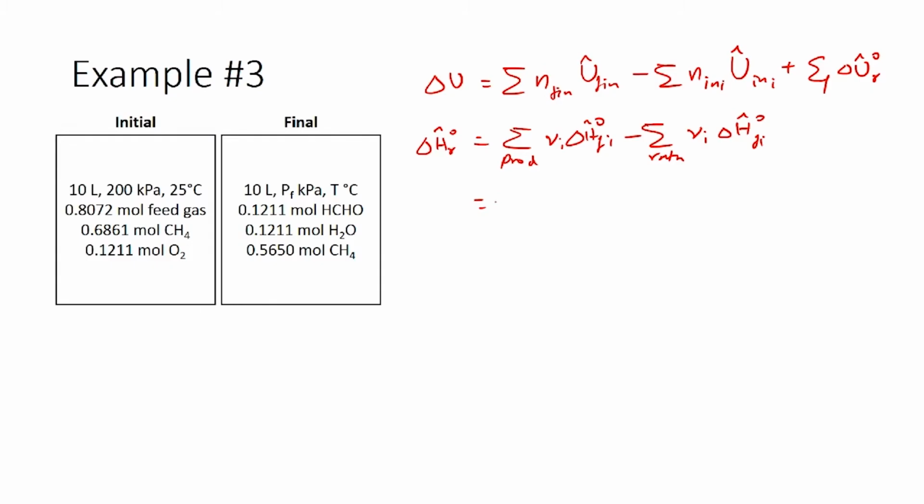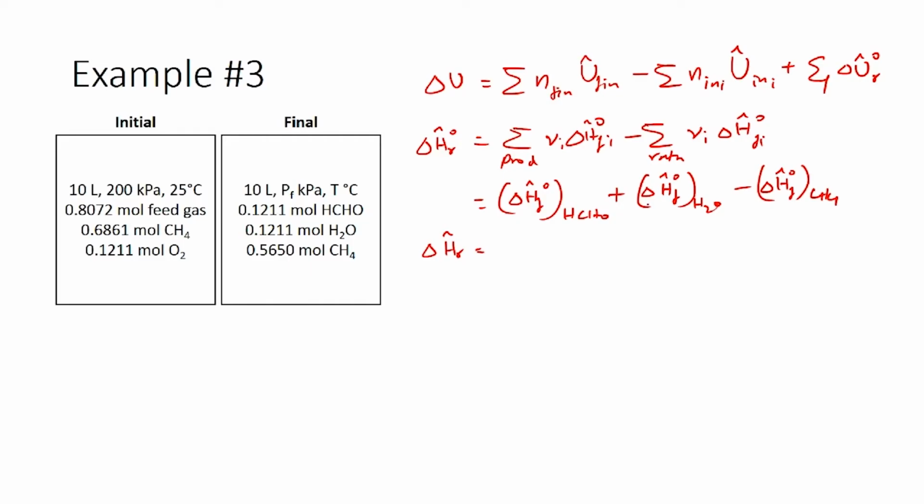So, the equation then becomes standard heat of formation of formaldehyde plus standard heat of formation of water minus standard heat of formation of the reactant, which is methane. So, doing this we can actually calculate the heat of reaction.